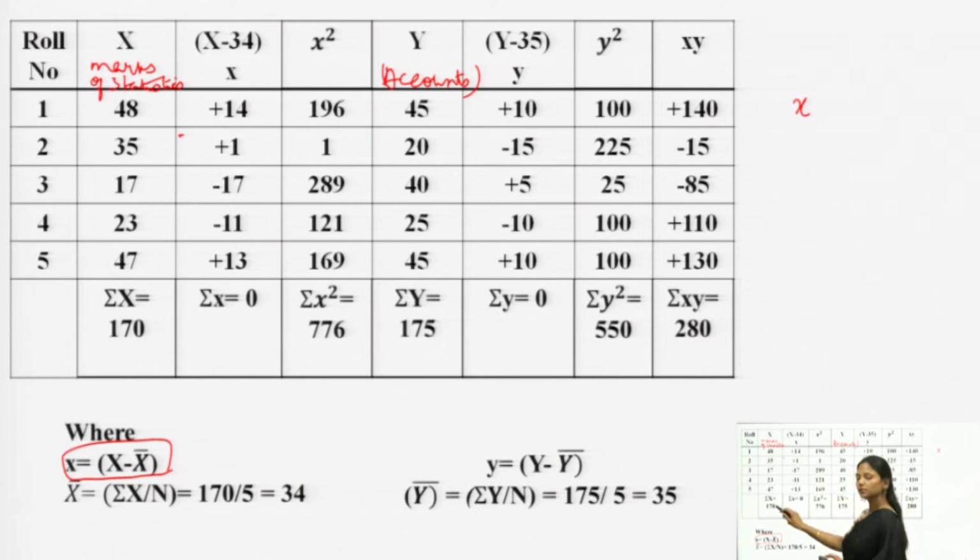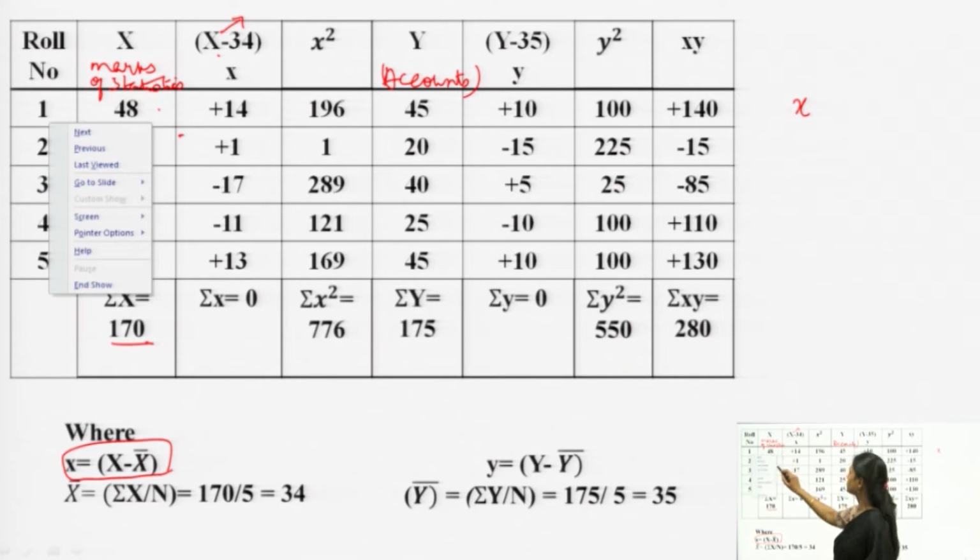So, what are we supposed to find out here? We are supposed to total summation x, that is equal to 170. When I add 48 plus 35 plus 17 plus 23 plus 47, I get a value of 170. Now, x is already given to me as 48, 35 and so on.